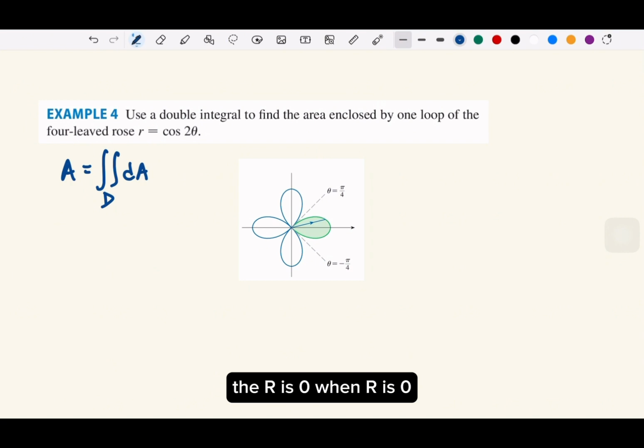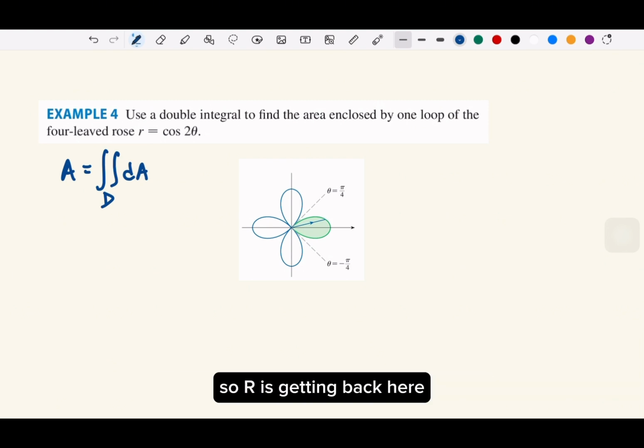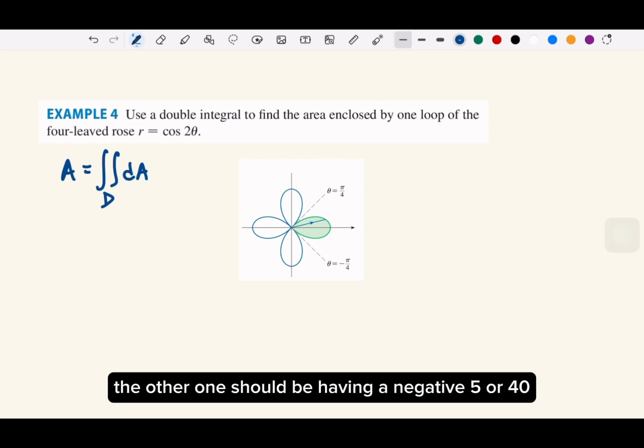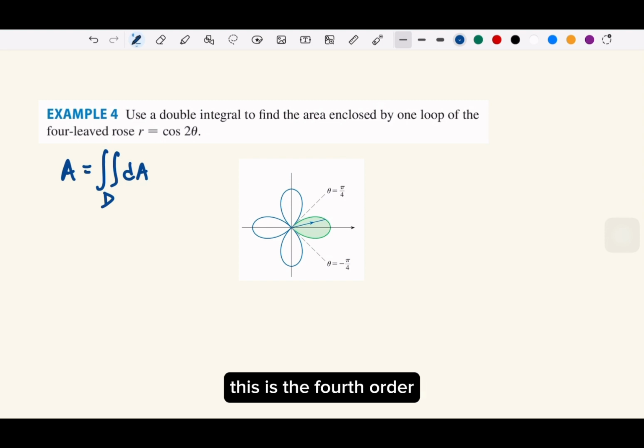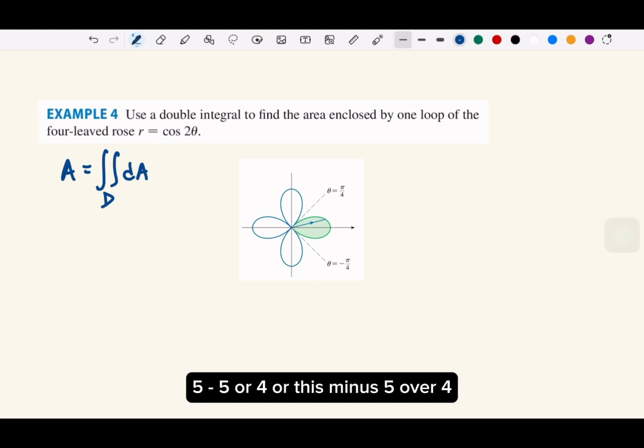When is cosine 0? When 2 theta is pi over 2, so theta is pi over 4. So when theta is pi over 4, the cosine is 0 and r is getting back here. If this is pi over 4, the other one should be negative pi over 4, in the fourth quadrant. Or if you want to make it positive, you can say 2 pi minus pi over 4, or just minus pi over 4.